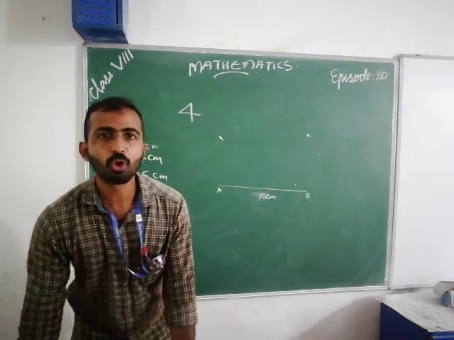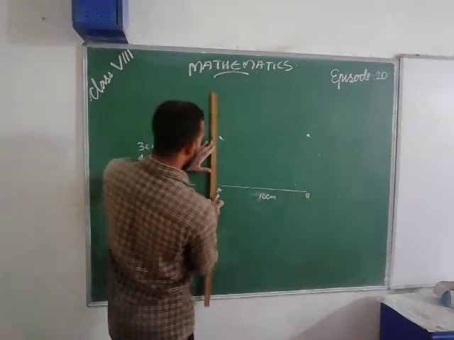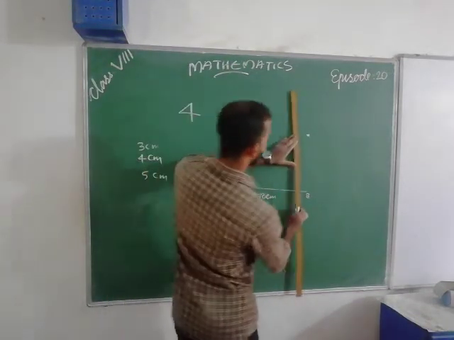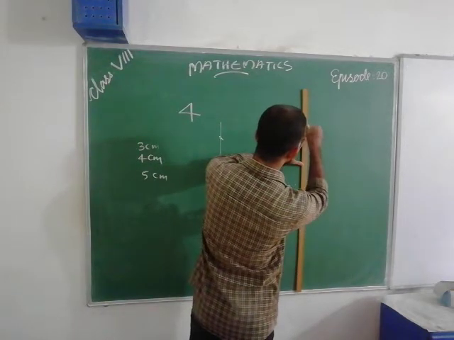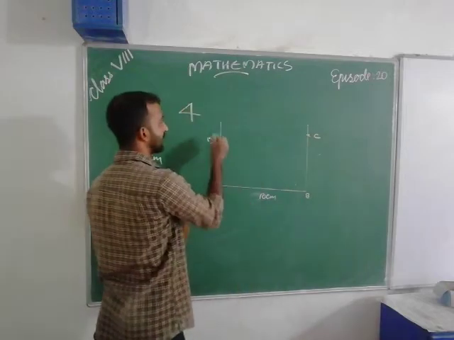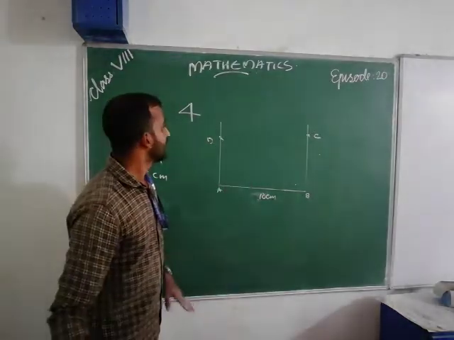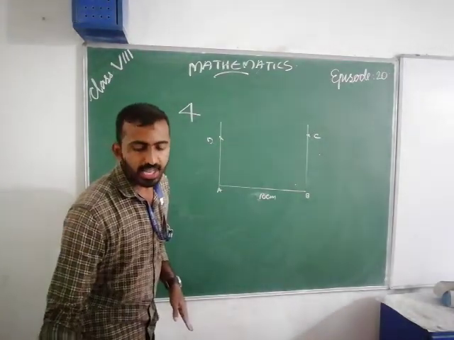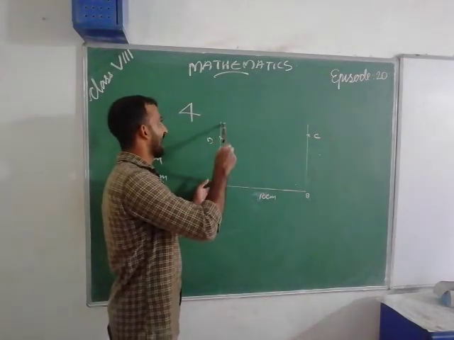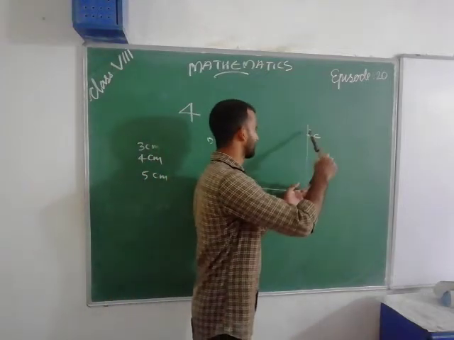Then we take the compass, and first we draw a long line here also. This point is C and another one is D. And next we take the compass with 8 centimeter and we mark it. And here is also the same.